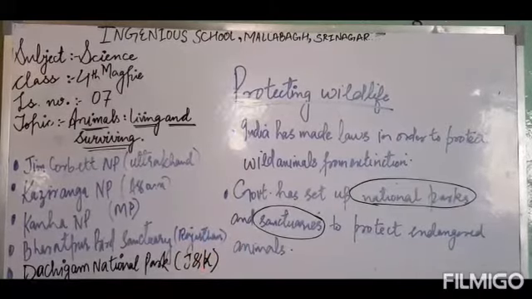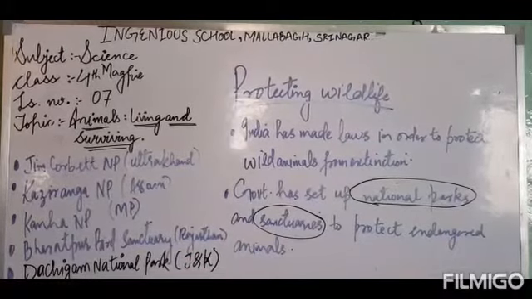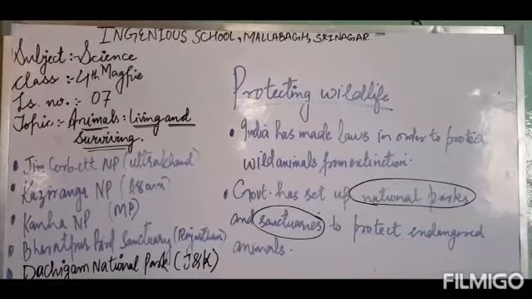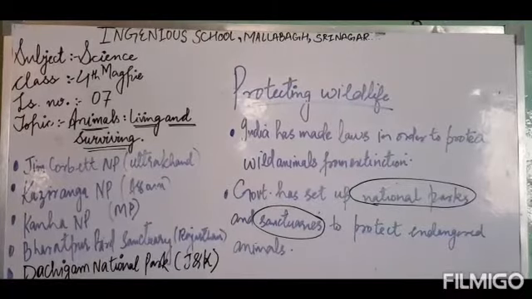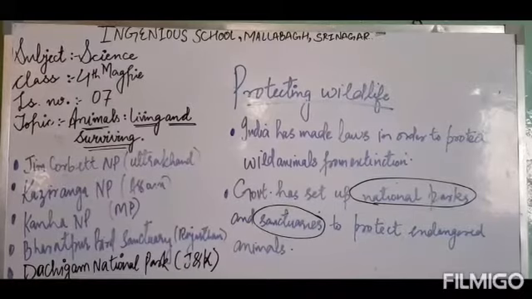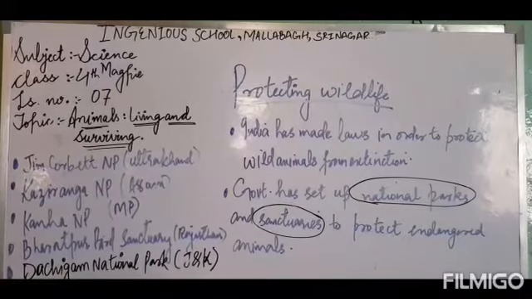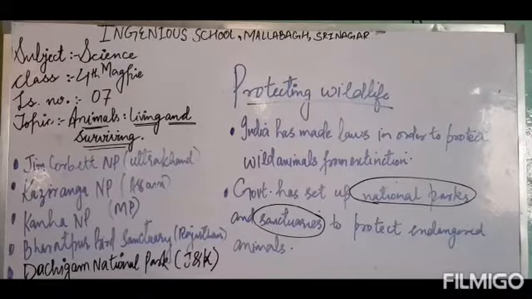One of the national parks that we have in Jammu and Kashmir is what? That you visited last time in your 3rd class. What is that national park? Yes, Dachigam National Park. You visited this Dachigam National Park last year, isn't it? It is one of the famous national parks in Jammu and Kashmir, meant for the protection of wild animals.